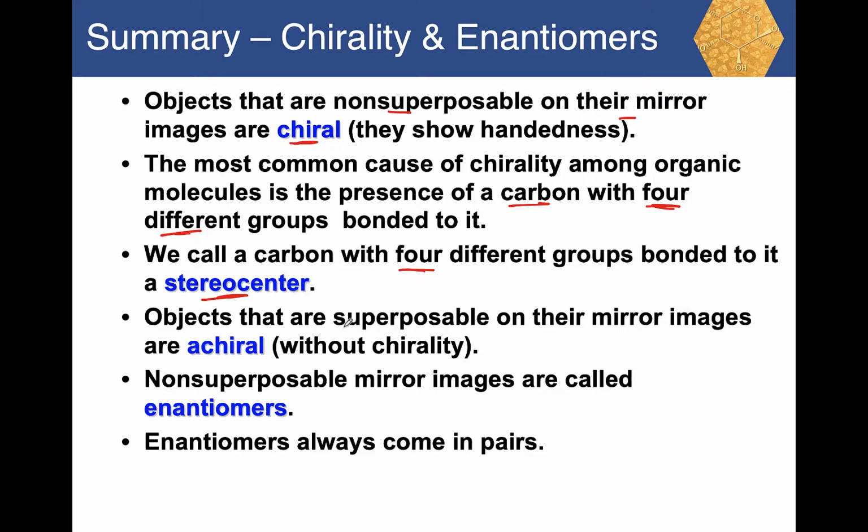Objects that are superimposable, notice here superimposable, are achiral, which means that they are superimposable on their mirror image. So non-superimposable mirror images of each other are called enantiomers. And of course, as we have seen, enantiomers always come in pairs because they are mirror images of each other, just like your right hand and your left hand.